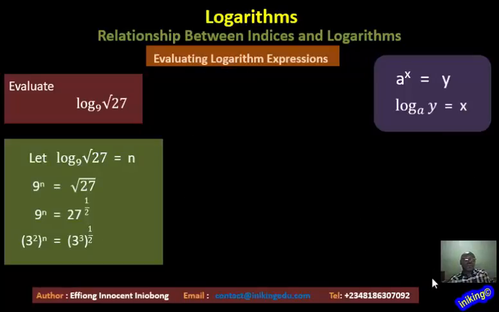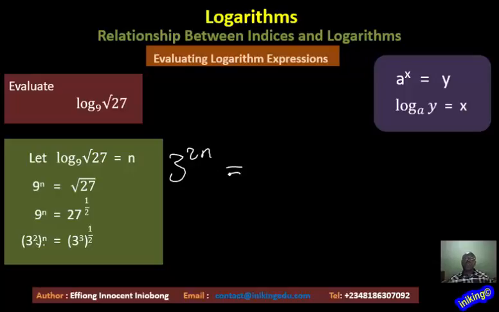Let's take this again. Consider 9 raised to the power n equal to 27 raised to the power half, half representing the square root sign. Now change 9 to 3 raised to the power 2 and then write 27 as 3 raised to the power 3. Now multiplying 2 by n will give us 3 raised to the power 2n.